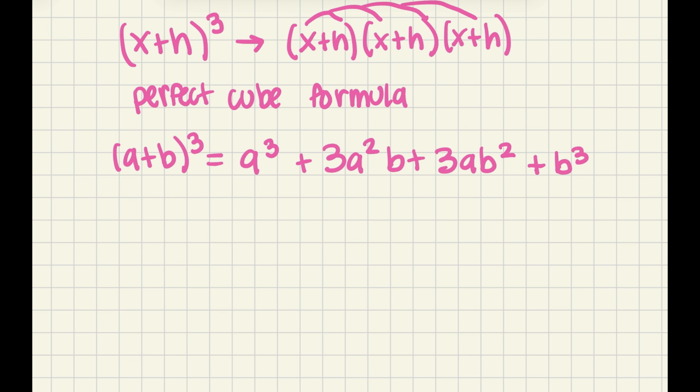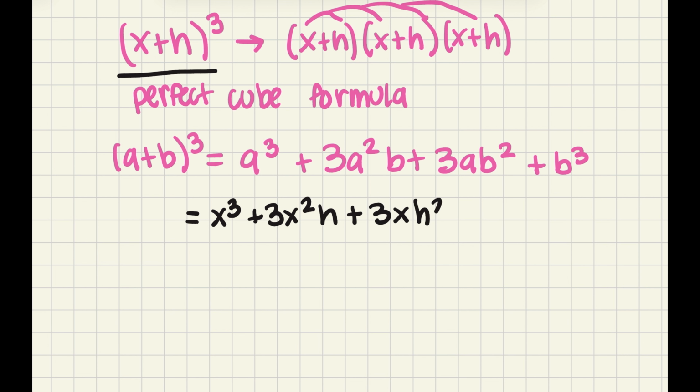So if we apply that to our example right here, which is x plus h cubed, the ending result will be x cubed plus 3x squared h plus 3x h squared plus h cubed. Really right here, our a is just equal to x and the h is equal to b. That's how it's being applied.